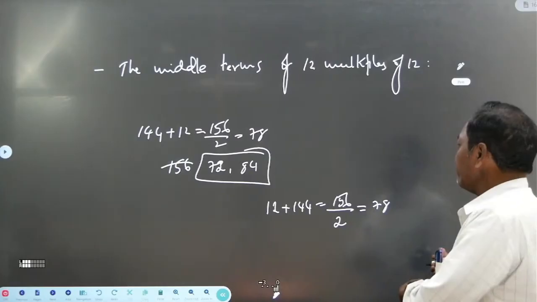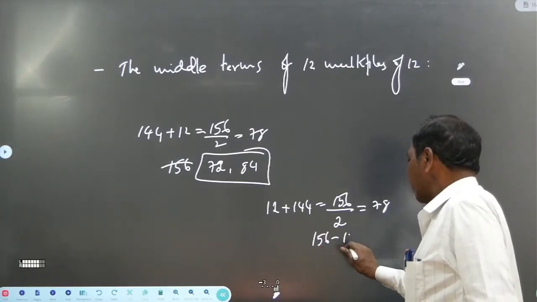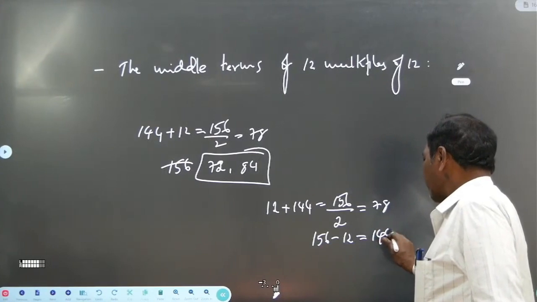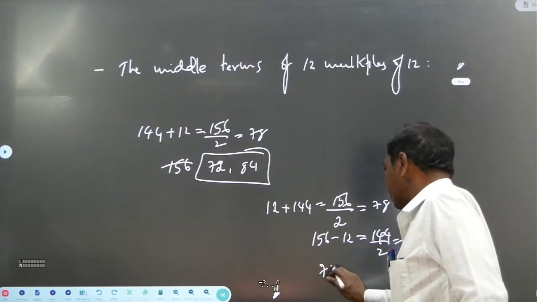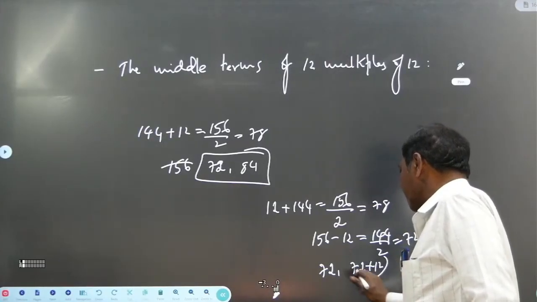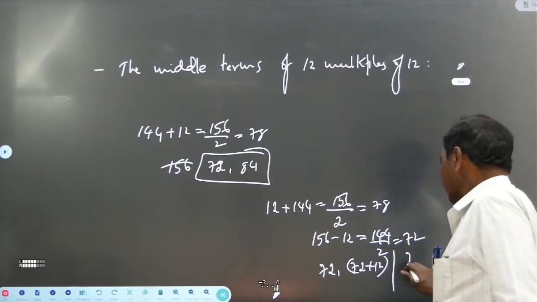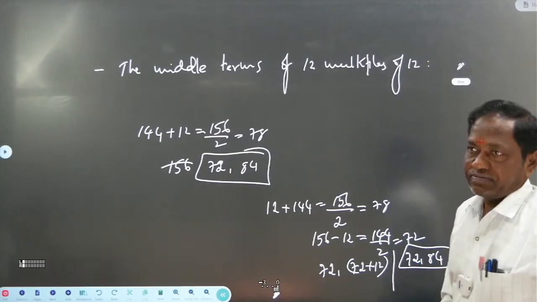Again, 156 minus 12, it means 144 divided by 2, 72. First number is 72, another number is 72 plus 12, right? So 72 and 84, like that.